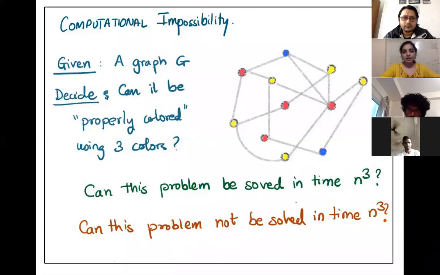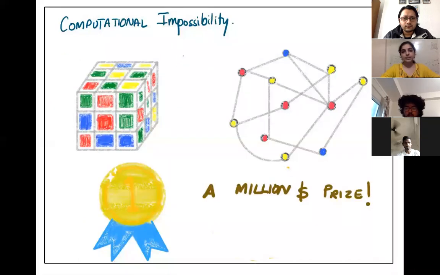Now, I did not pick this problem to tell you about very arbitrarily. This problem is a very important problem in computer science. It's so easy to state.